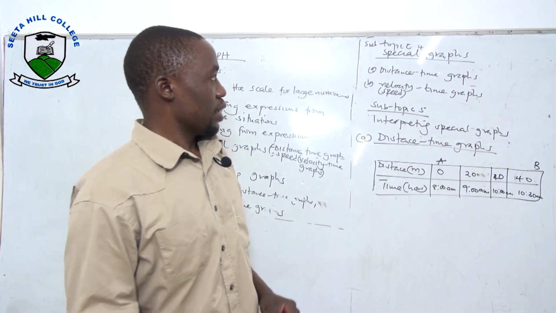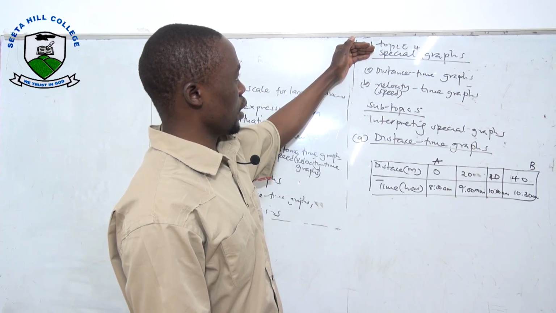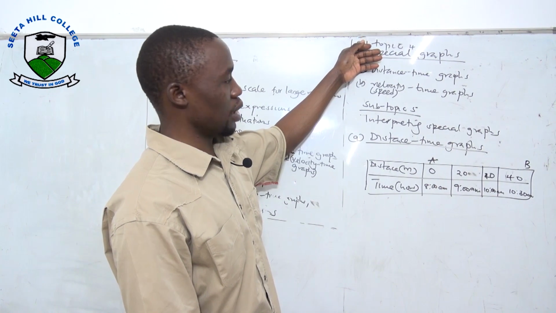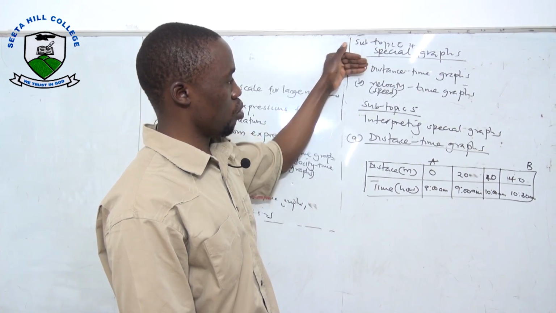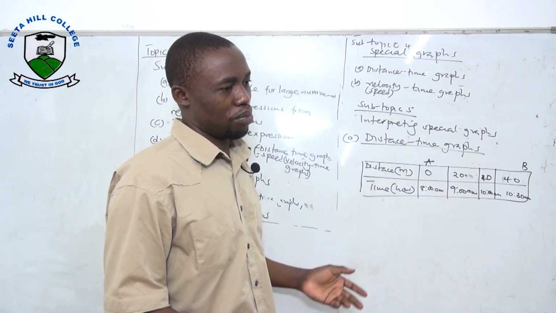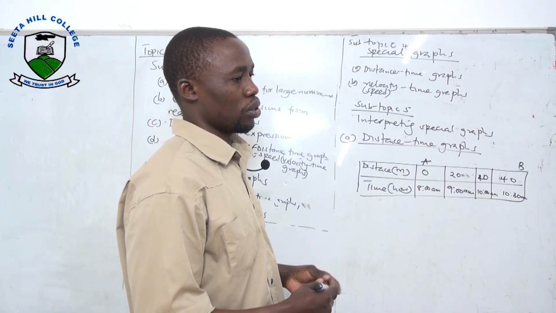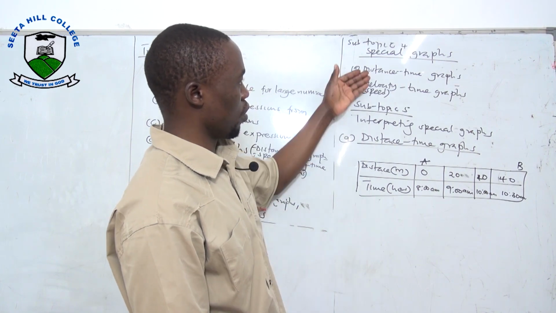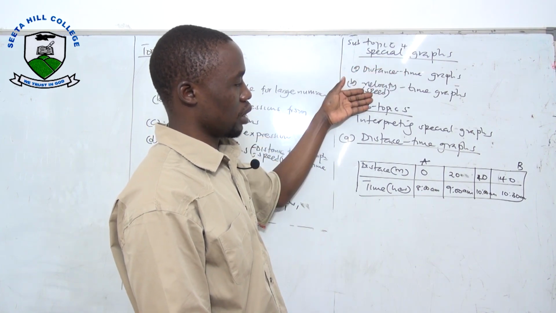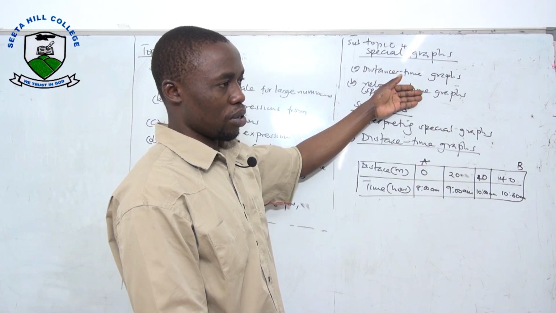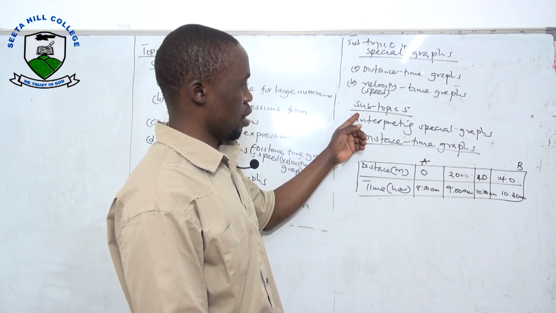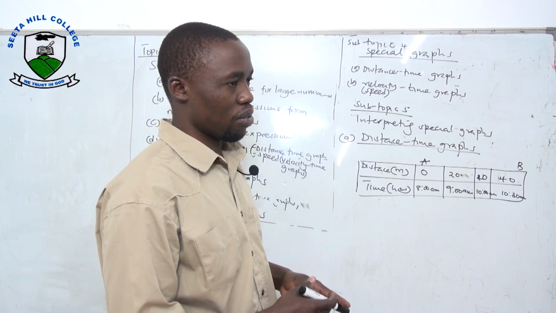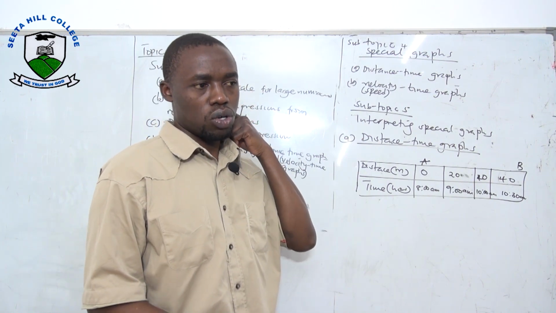Now we're giving an example. Now the next subtopic is special graphs. We've seen that we have two. Other graphs are not special, as we said earlier, because they are general: population graphs, cost graphs. But what is special for us is distance time and velocity or speed time graphs. Then now we are interpreting them. How do we draw a distance time graph and how do we draw a velocity time graph?